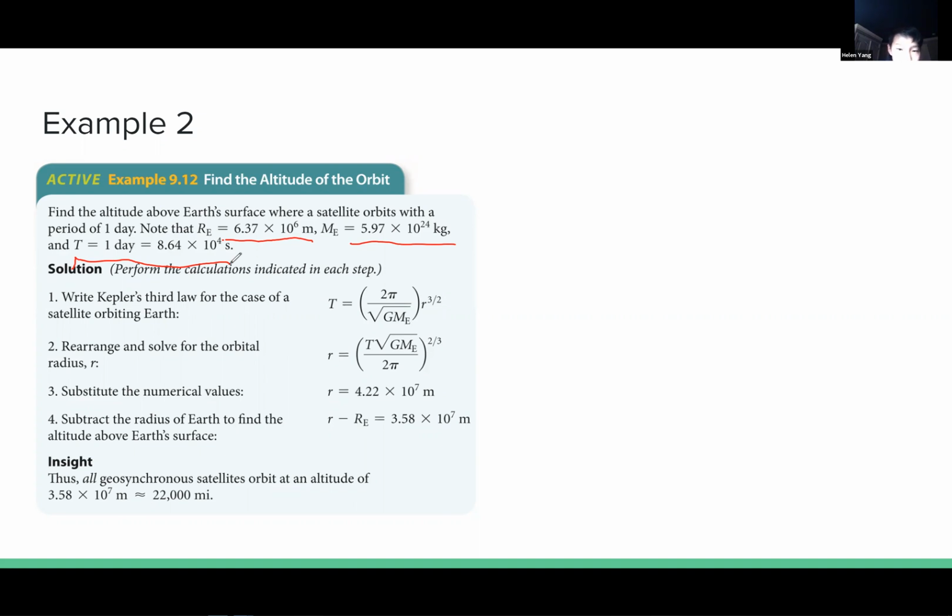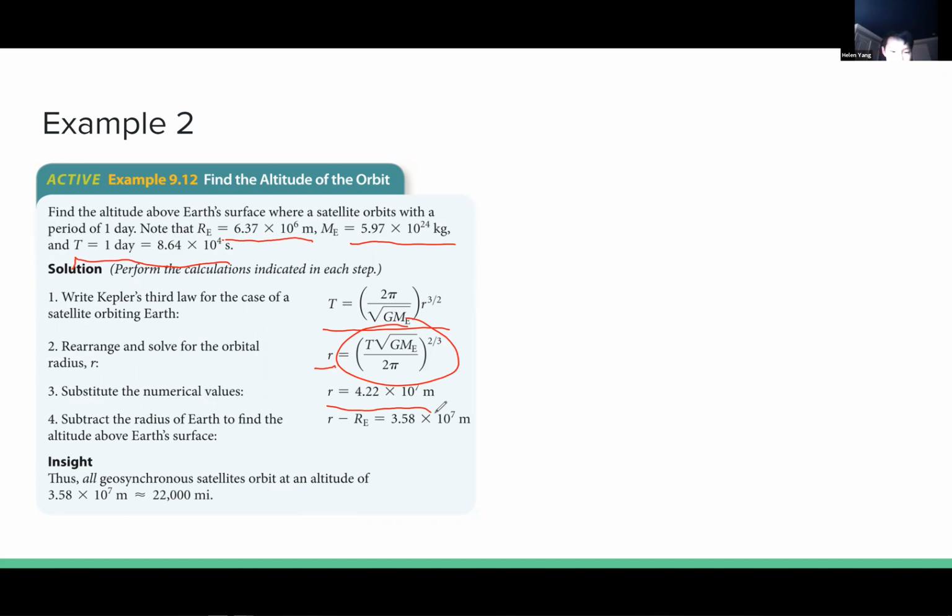So if you're trying to find the altitude, you can use Kepler's third law, and it gives you right here as that. And if you're just trying to find the radius, I mean, the distance, you can write in this form. If you plug in all the values, you get 4.22 times 10 to the power 7.